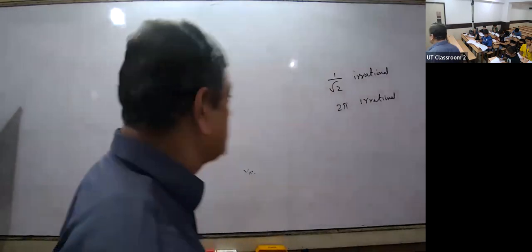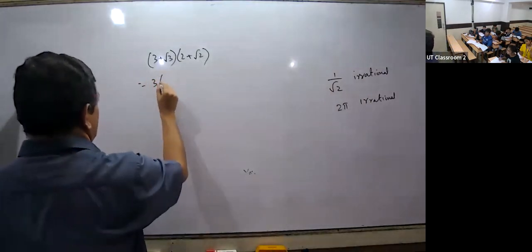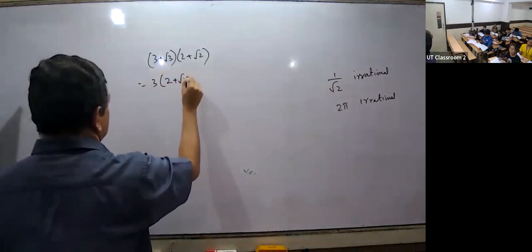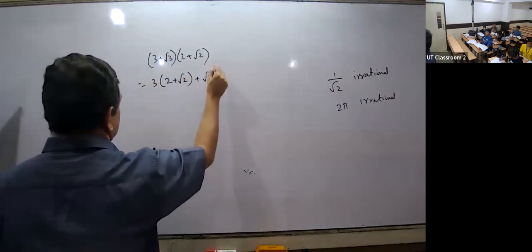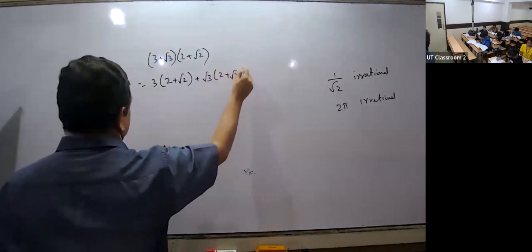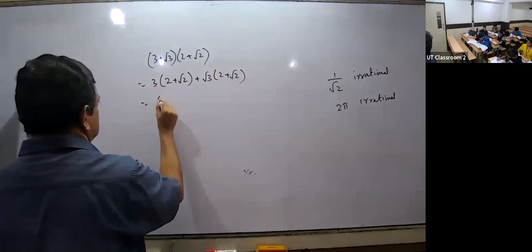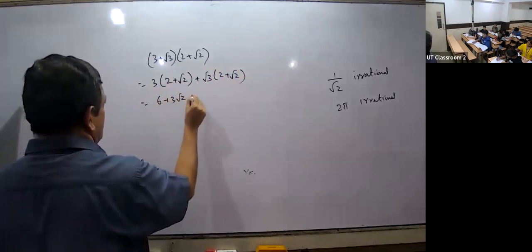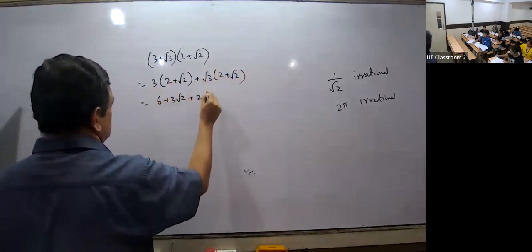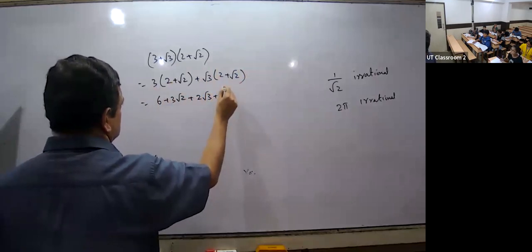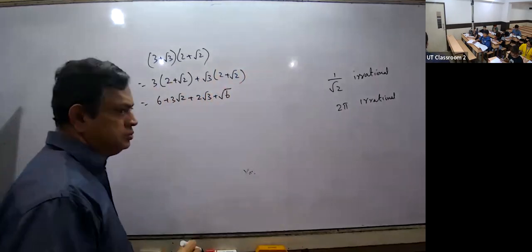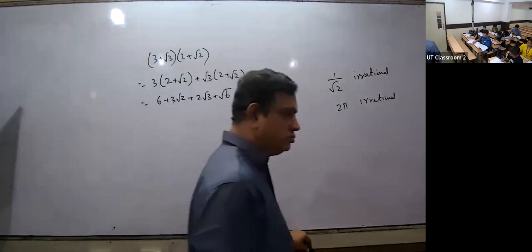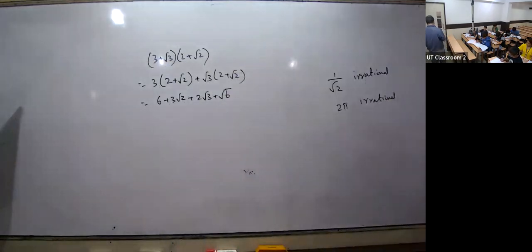How do you remove it? 3 times 2 plus root 2, plus root 3 times 2 plus root 2. How much is 3 into 2? 6 plus 3 root 2, plus 2 root 3 plus root 6. Check the step. Are we following anything?